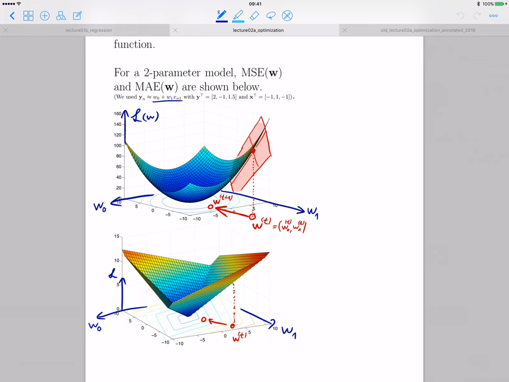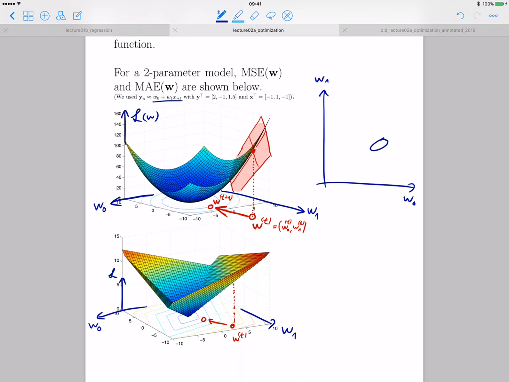So I'll give you also another interpretation, which is much easier to plot, which is just to look at the ground plane. It's just these 2 variables, W0 and W1. So then the picture looks a bit like a map and a landscape. You know, you have the altitude and stuff, so you can plot the altitude lines if you want.